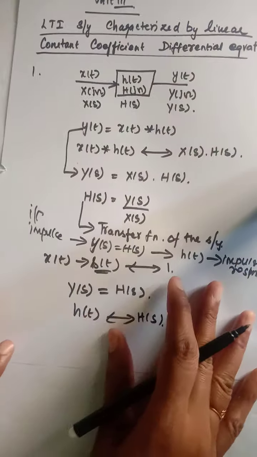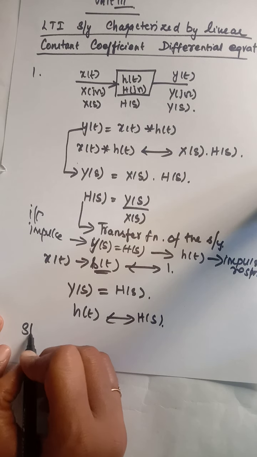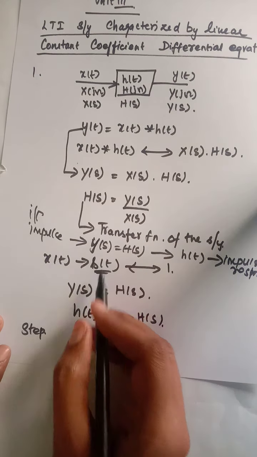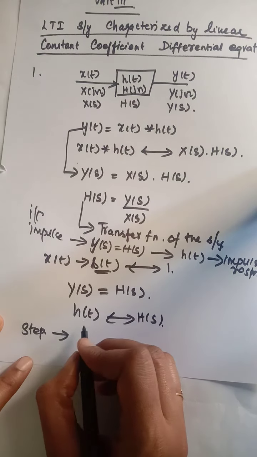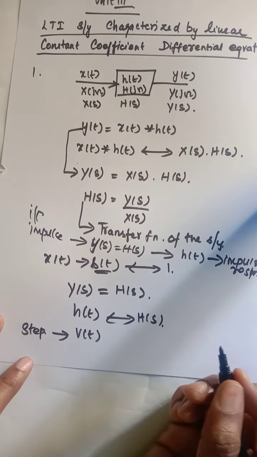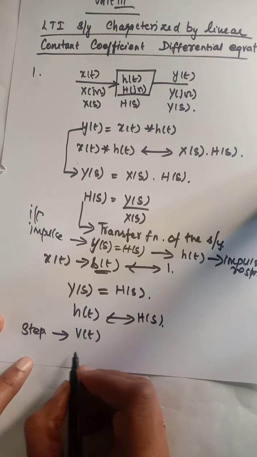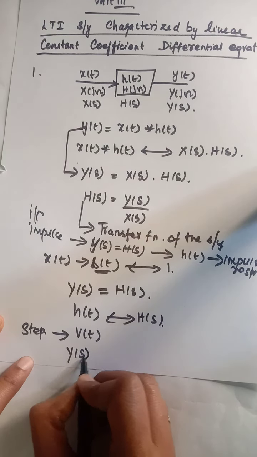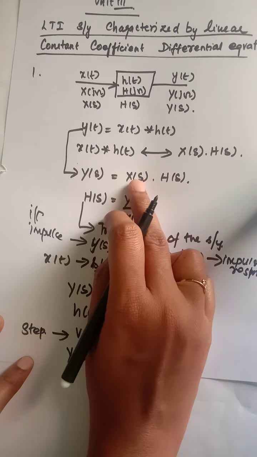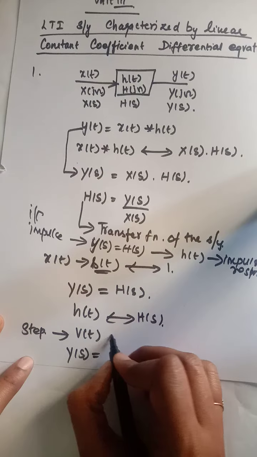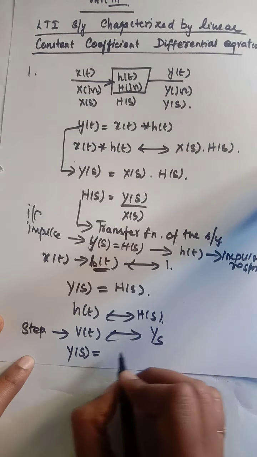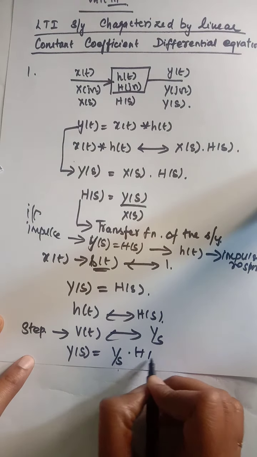If the input is a step, u of t, instead of delta of t, the output Y of s is equal to 1 by s into H of s, since the transform of u of t is 1 by s.